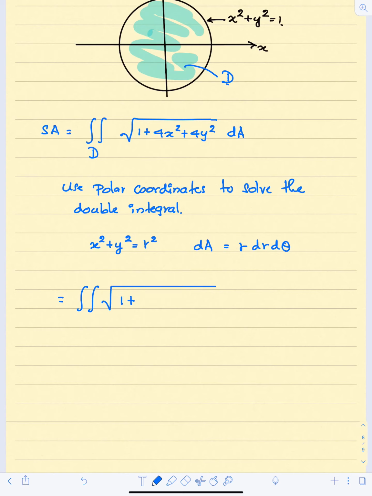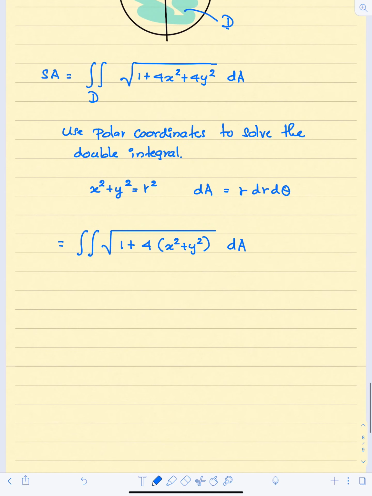You will get the square root of 1 plus, if you factor out 4 from these two terms, 4 times x squared plus y squared. But x squared plus y squared equals r squared, so you have 4r squared. dA is r dr d theta.